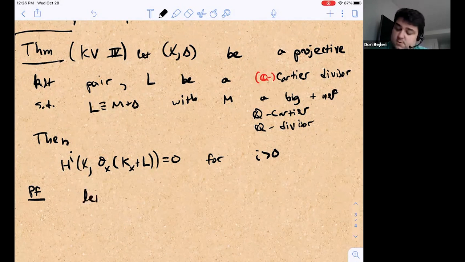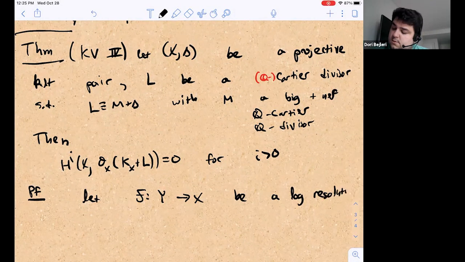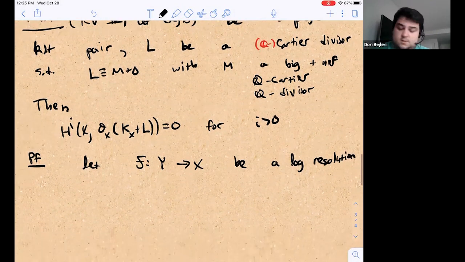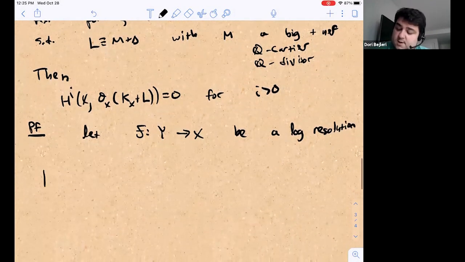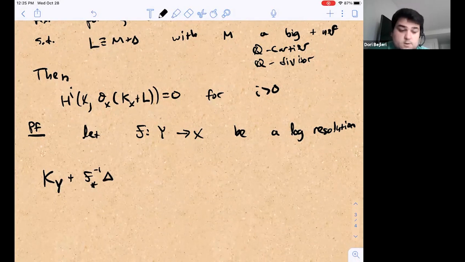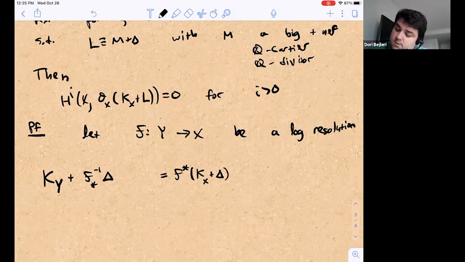So pick a log resolution. And let's write our usual formula. So K_Y plus the strict transform of delta is equal to the pullback of K_X plus delta plus our discrepancies.